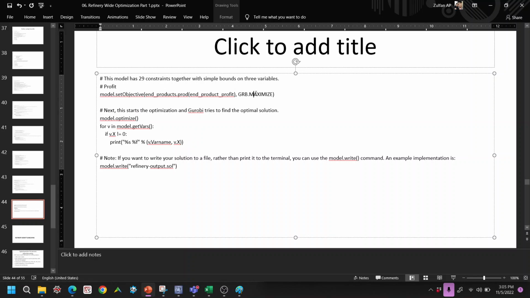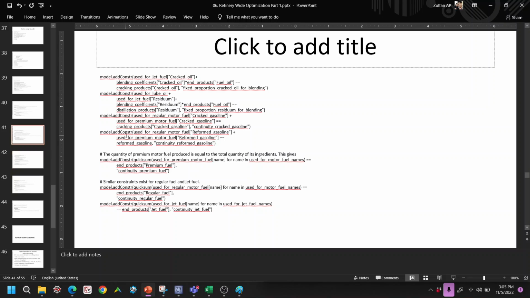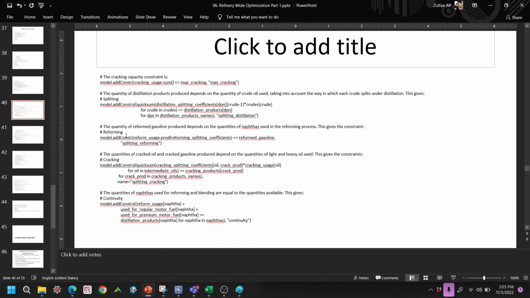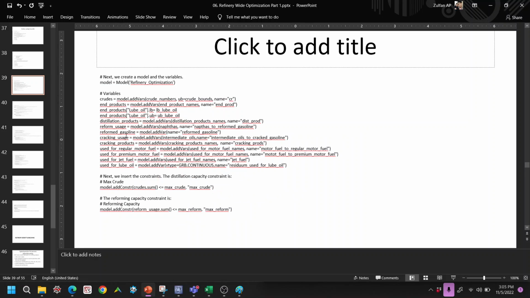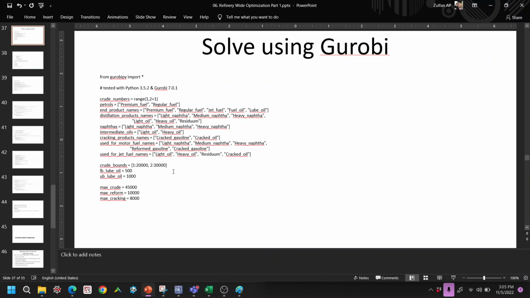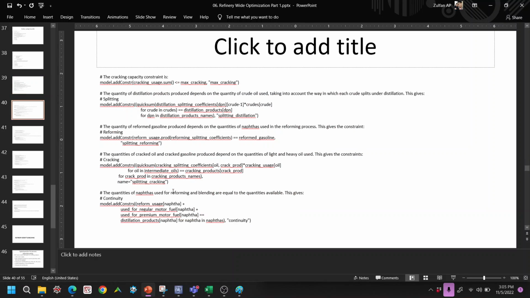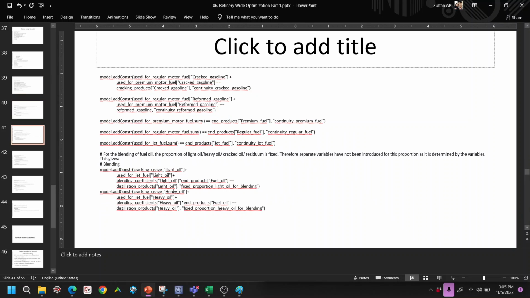So they make it maximizing the objective function, which is the profit, and then we can go to profit. Sorry, where is your profit? Where is that profit? Anyhow, it's somewhere here.